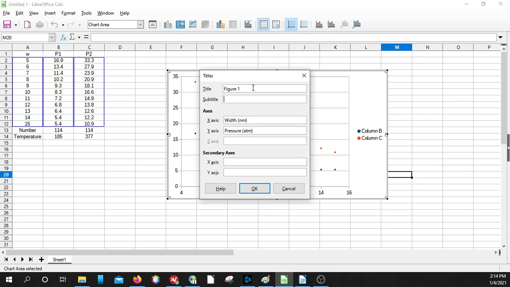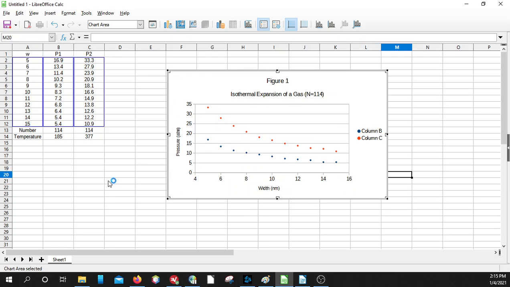So what I'm going to do is call this isothermal expansion of a gas. And I'm also going to include this, N equals 114, just so we know how many particles there are. And then click OK.